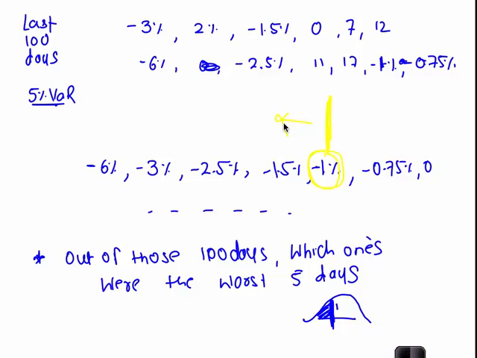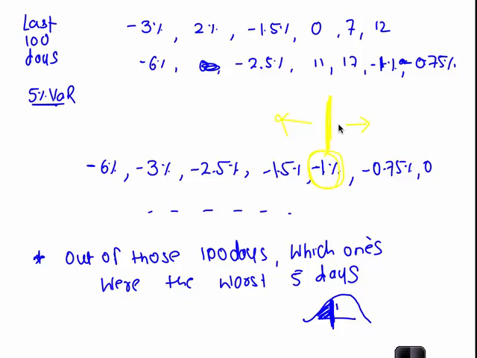That means there is a 5% chance that your losses would be more than negative 1%. That means a 95% chance on the right hand side that your losses would be less than 1% or you will have profits. Just arrange the data and take the worst 5 and then take the best out of the worst 5.